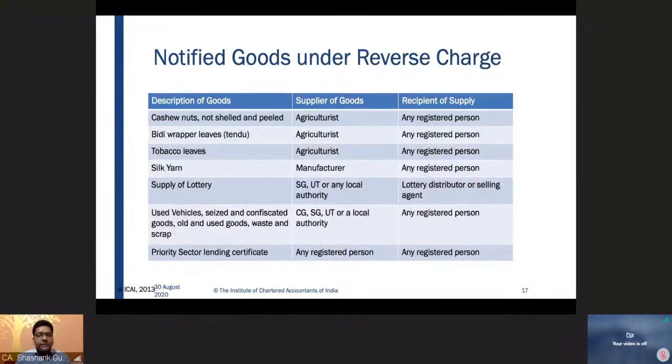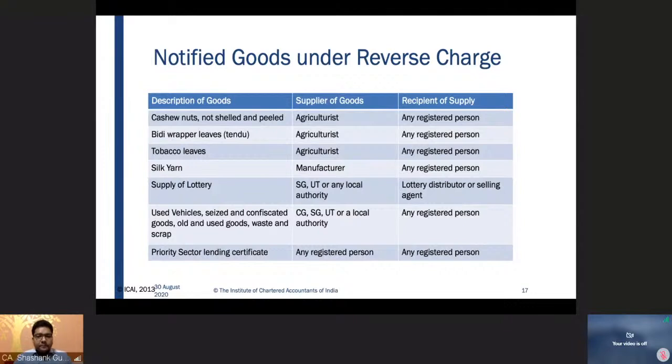Tobacco leaves, again, if the supplier is agriculturist, the recipient is any registered person, it will be the recipient who will be liable to pay the applicable tax under GST. Similarly, silk yarn, the supplier is a manufacturer of silk yarn and the recipient is any registered person, such registered person will be liable to pay the applicable tax under reverse charge.